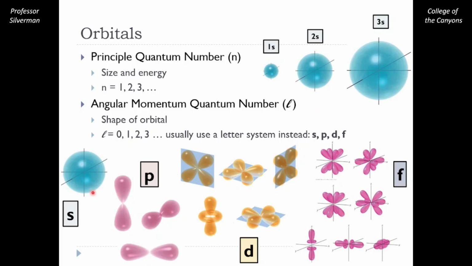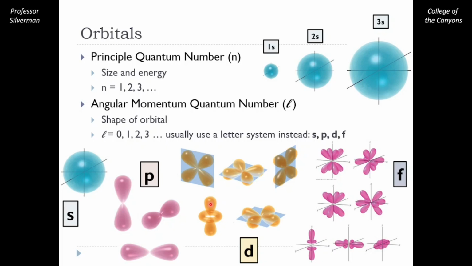We can also have that p designation. P here comes as these peanut shapes. Here we have a peanut going up and down, a peanut going left and right, and a peanut going maybe forwards and backwards. You can also have d orbitals. D orbitals have kind of a double peanut shape, or one of them kind of has this donut surrounding a peanut shape.